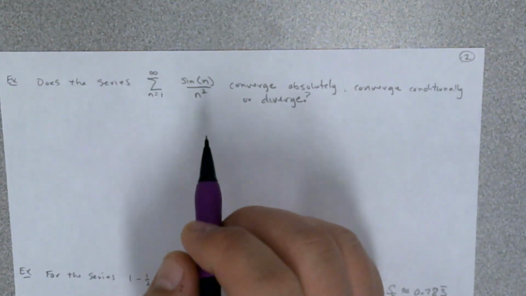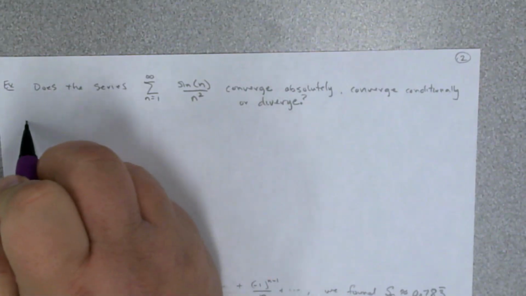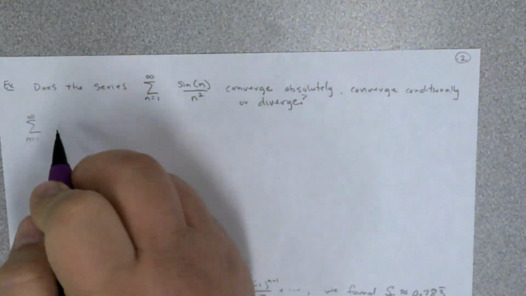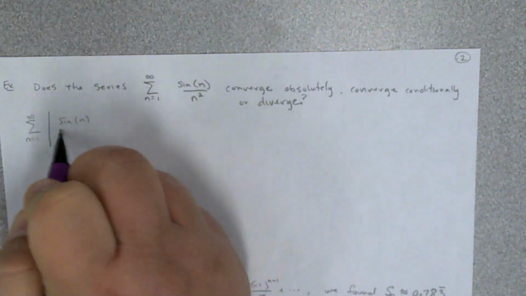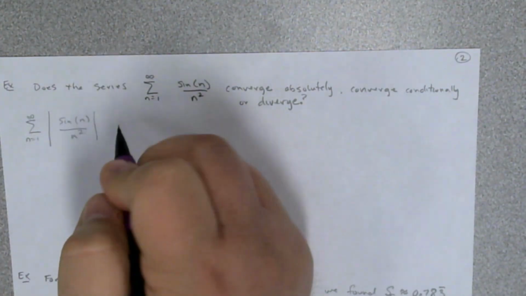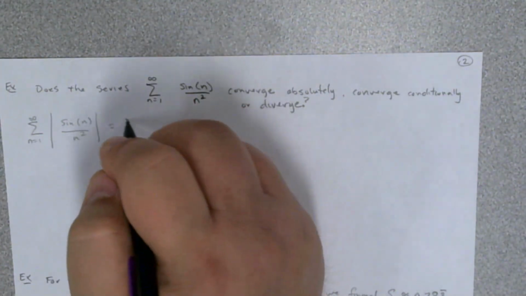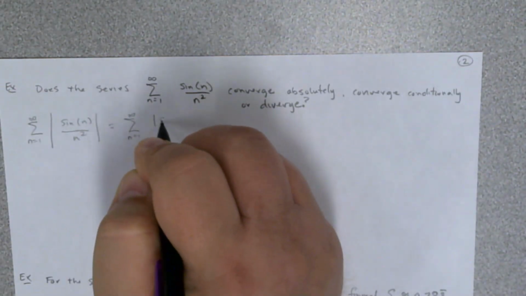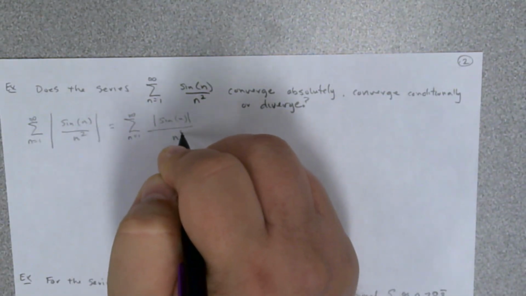So they're not all alternating, they're in clumps. But let's consider the sum from n equals 1 to infinity of the absolute value of that series. Since this is squared, we can eliminate that off the bottom. The absolute value stays on the sine, and this is n squared.